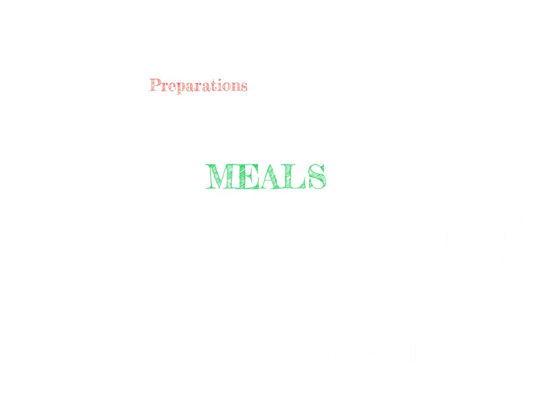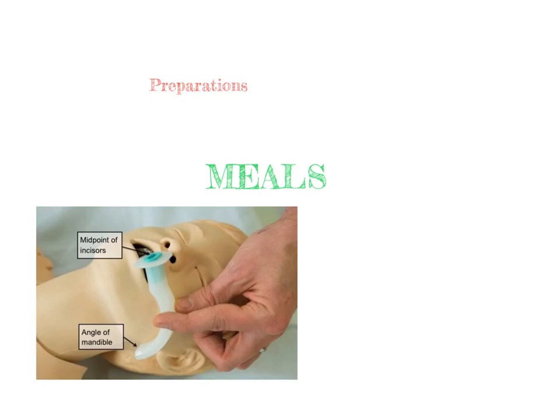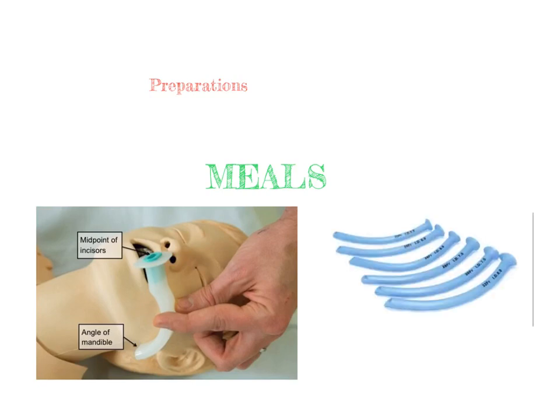A is adjunct airway. You need your OPA and your NPA. OPA is oropharyngeal airway. NPA is nasopharyngeal airway.